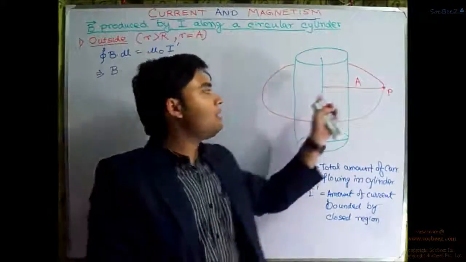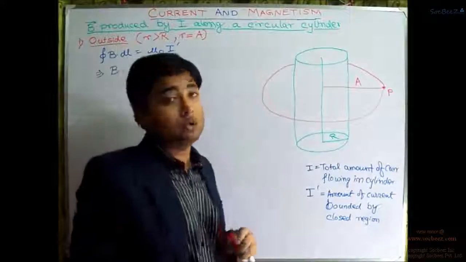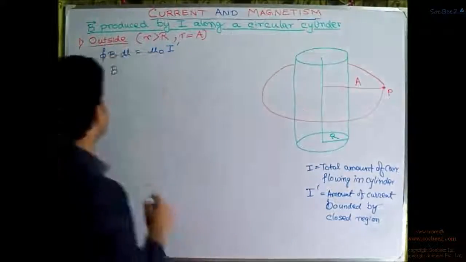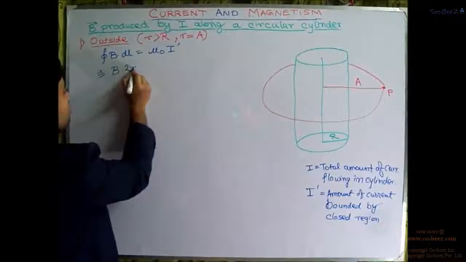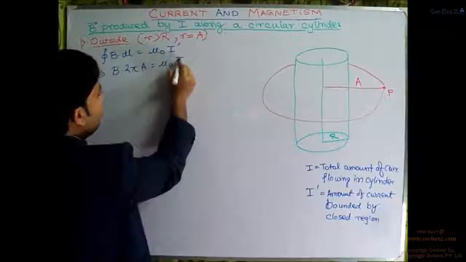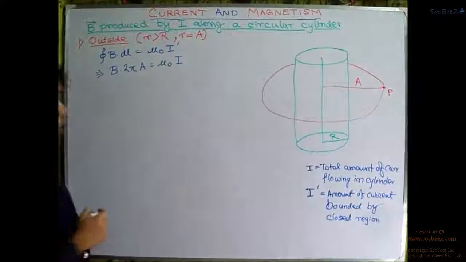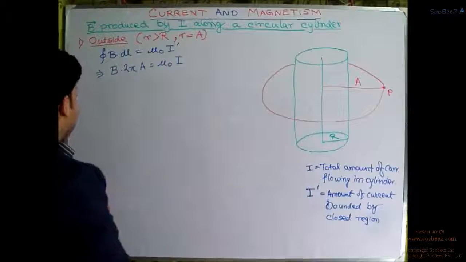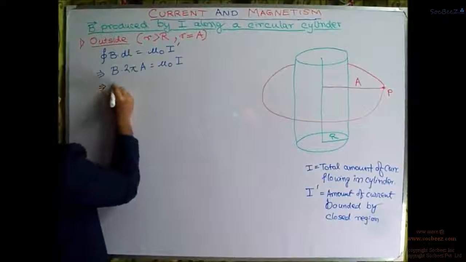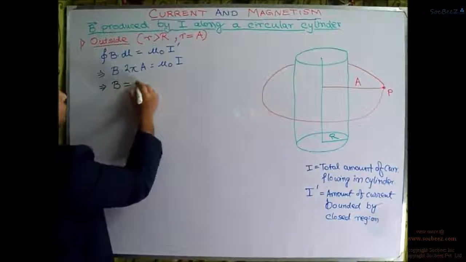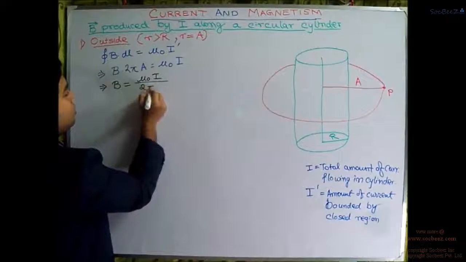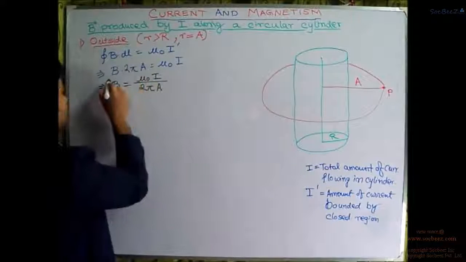Now this circle, being of radius capital A, the perimeter of this circle will be equal to 2 pi capital A. So B multiplied by 2 pi A will be equal to mu naught I. Or in other words, now we can say that B is equal to mu naught I divided by 2 pi A.